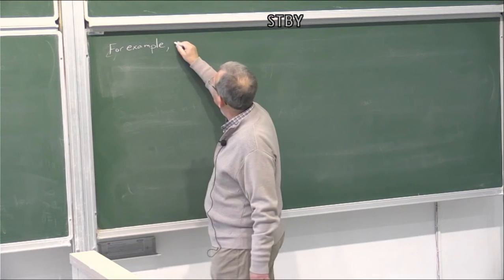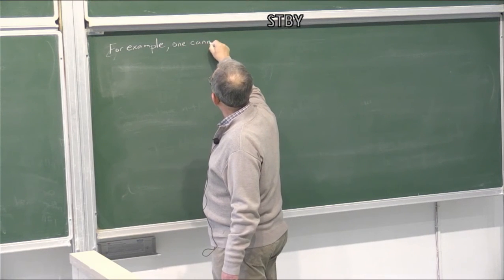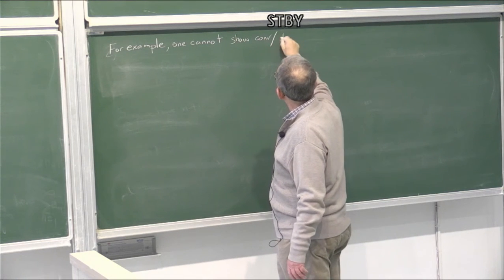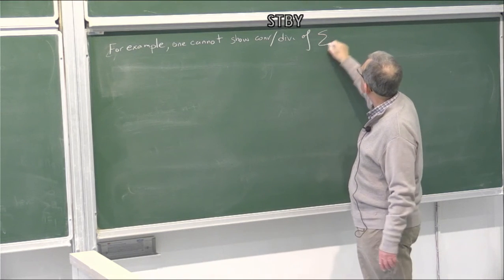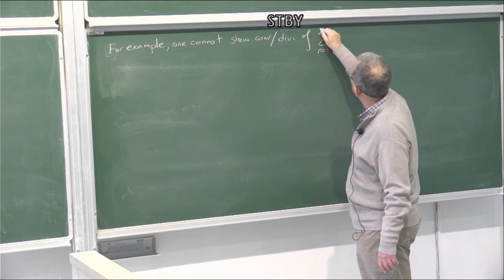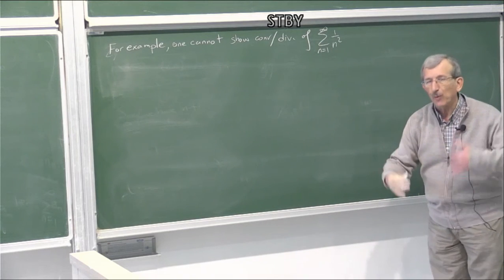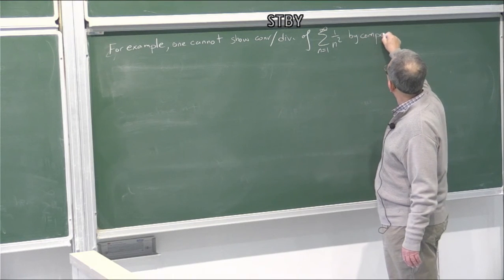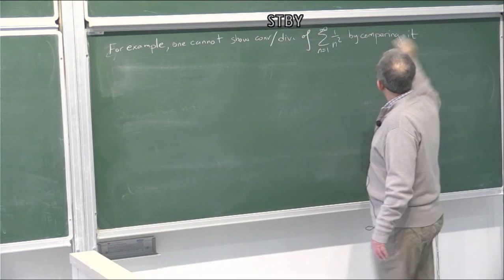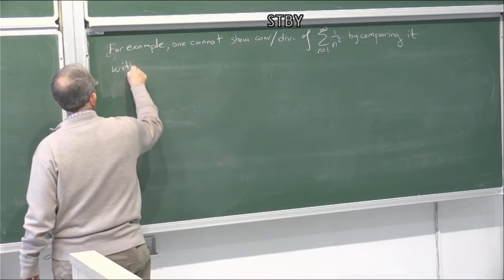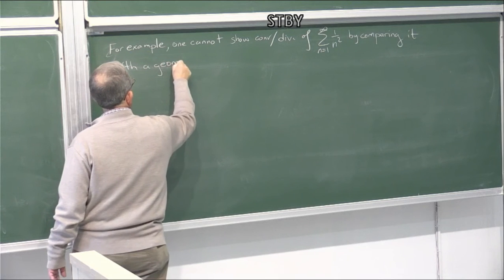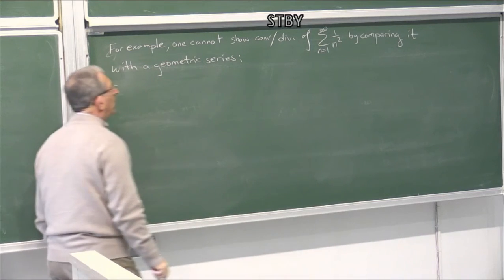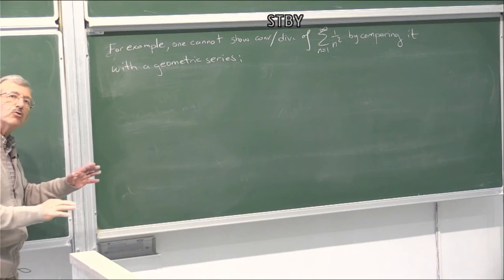For example, one cannot show convergence or divergence of, say, 1 over n squared, which we know from elsewhere, by comparing it with a geometric series. Let us see how such a comparison could be made.